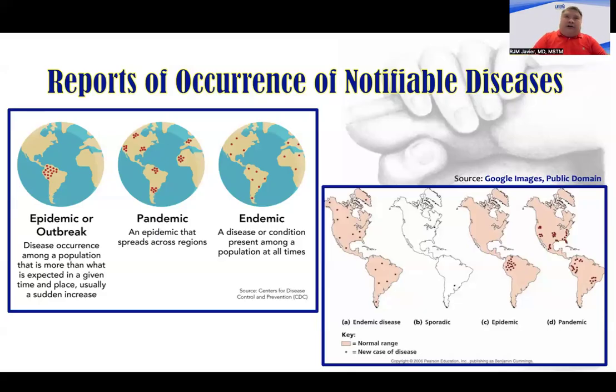Now, another terminology would be something that is endemic. If I say malaria is endemic in Palawan, what do I mean by that? Basically, I will not see cases of malaria in Metro Manila. Why? Because the mosquito vector will tend to thrive in bodies of water which are basically clean and free flowing, which we don't have in the National Capital Region.